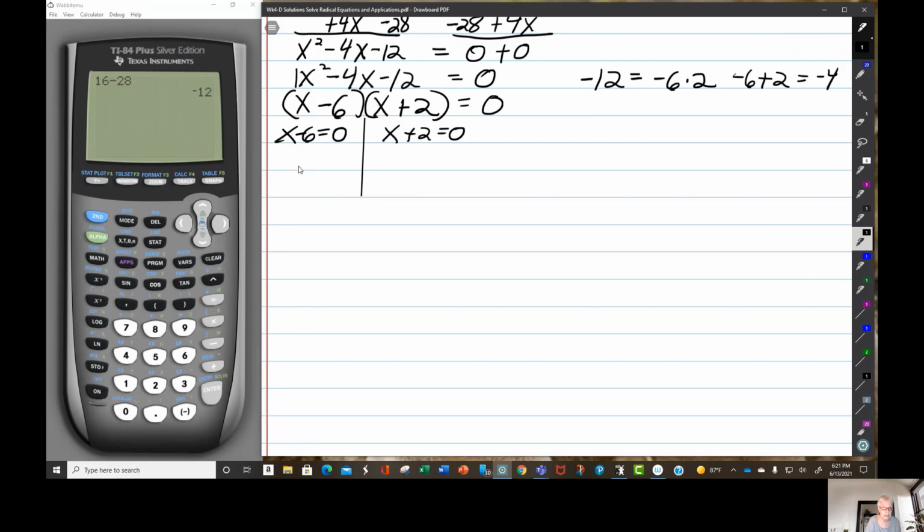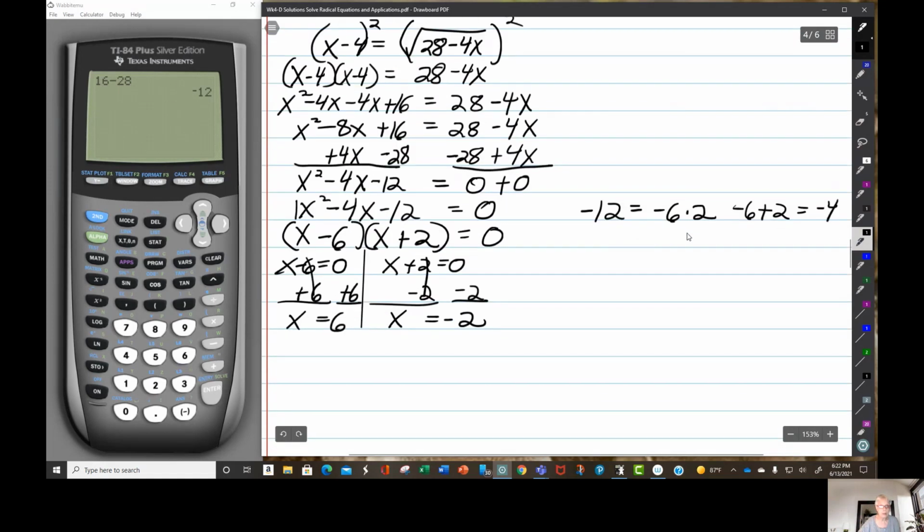On the left, add 6 to both sides: x equals 6. On the right, subtract 2 from both sides: x equals -2. And now we're going to check our answers.